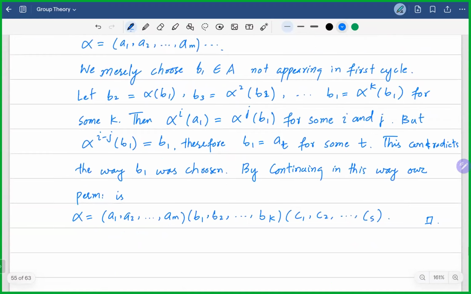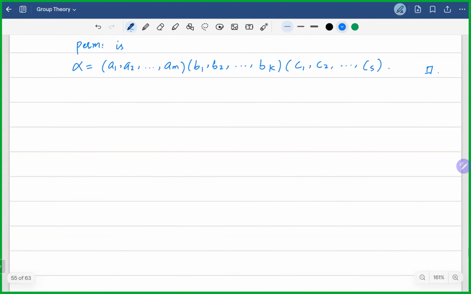Okay, perfect. Now, another property is that disjoint cycles commute. That's a very interesting property.